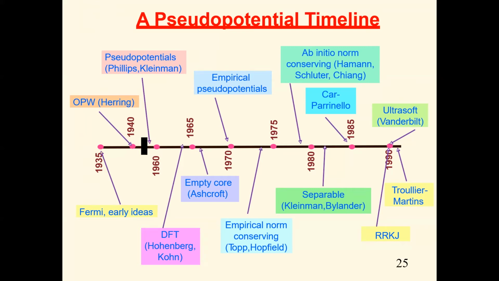And finally, the separable form of the pseudopotential in ab initio form and the Car-Parrinello approach were established between 1980 and 1985. Around 1990, different approaches appeared, for example the ultrasoft pseudopotential given by Vanderbilt and the RRKJ pseudopotential, and after 1990, the Troullier-Martins pseudopotential was generated. So you can see how the pseudopotential developed in different eras along the timeline.